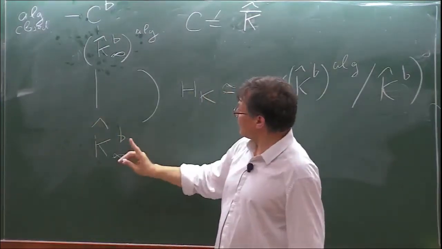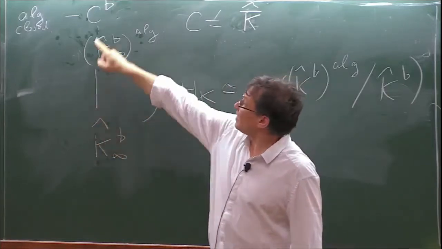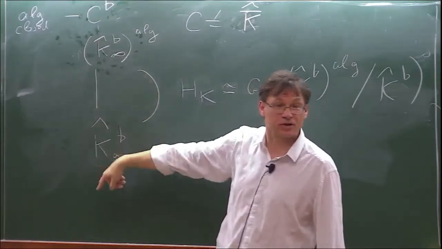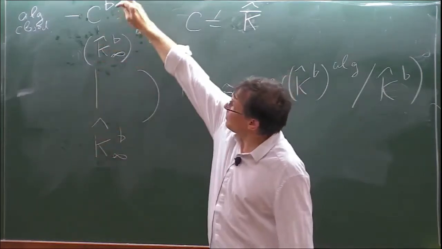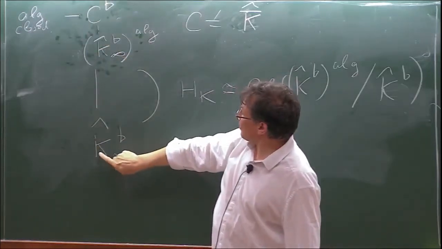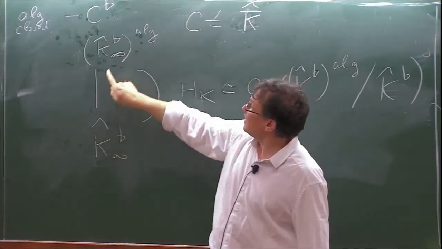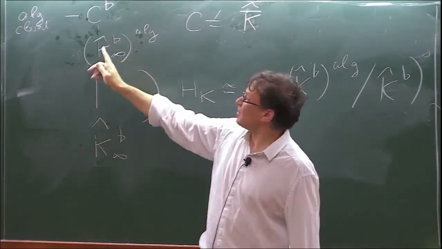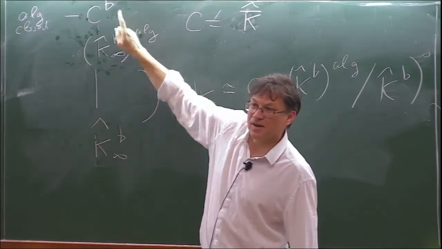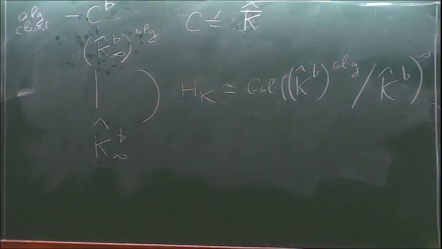So we have two perfectoids, K infinity completed, and C. So we take the corresponding fields of characteristic p. So this is a complete algebraically closed field. Therefore, the algebraic closure of the tilt of K infinity lives inside. But it is not the same thing, because this field is not complete and this one is complete. But this is a completion of this one.